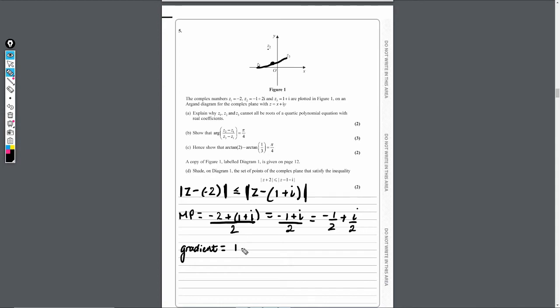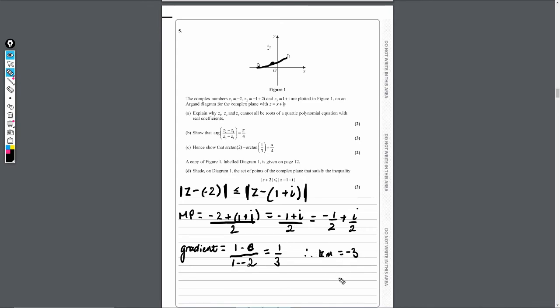That's going to be 1 minus 0, because that has just no height, it's just minus 2 along on the x-axis, so that's a 0. So 1 minus 0 over 1 minus 2. So that's going to give me 1 over 3. But remember, we need the perpendicular gradient here, so we take the negative reciprocal. So my perpendicular gradient is going to be equal to minus 3.